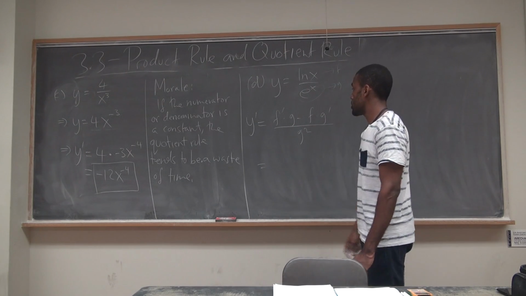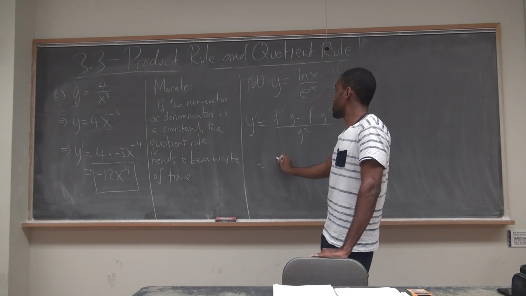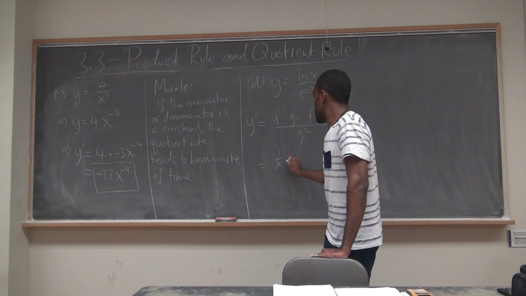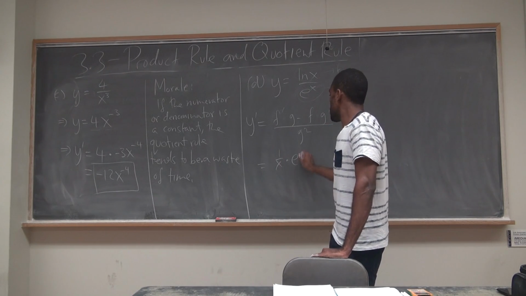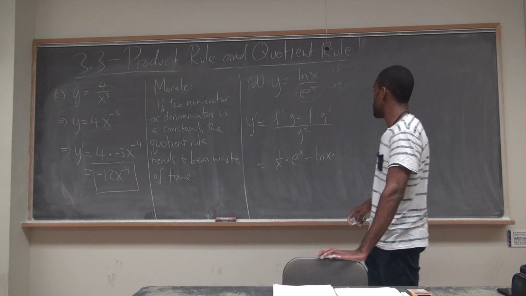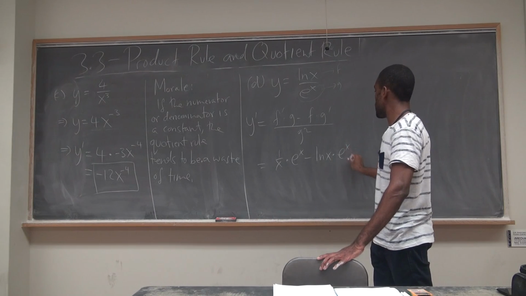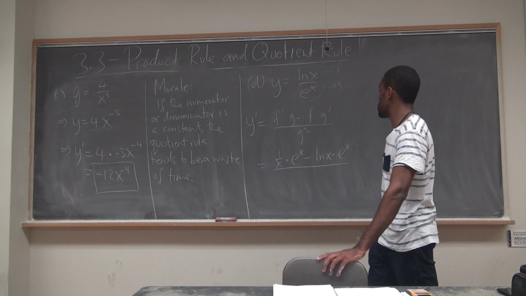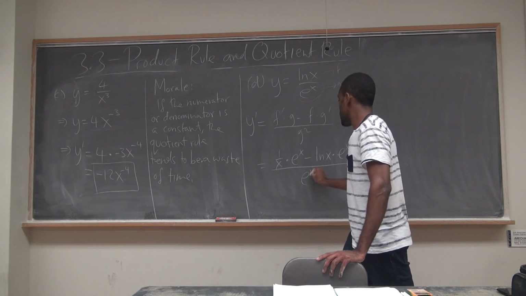F prime is 1 over x, g is e to the x, minus f, ln x, times the derivative of g, which is also e to the x, over g squared, which is e to the x squared.